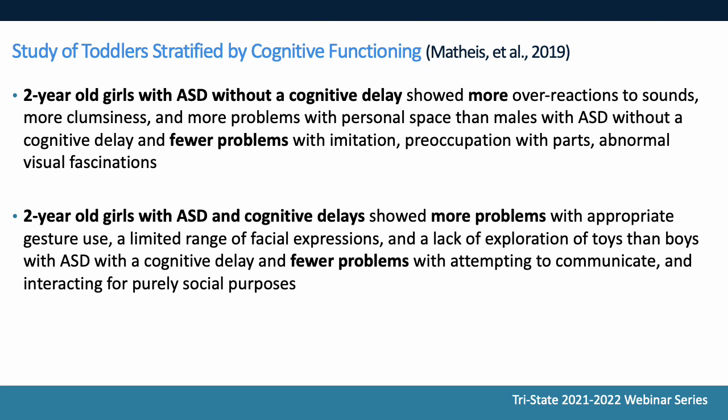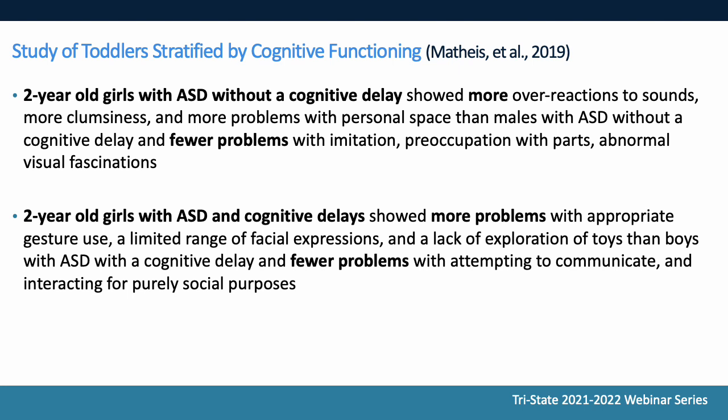So a girl without a cognitive delay probably shows more overreactions to sounds, motoric clumsiness, more problems with personal space, and that's the case compared to males without a cognitive delay as well as females with a cognitive delay.